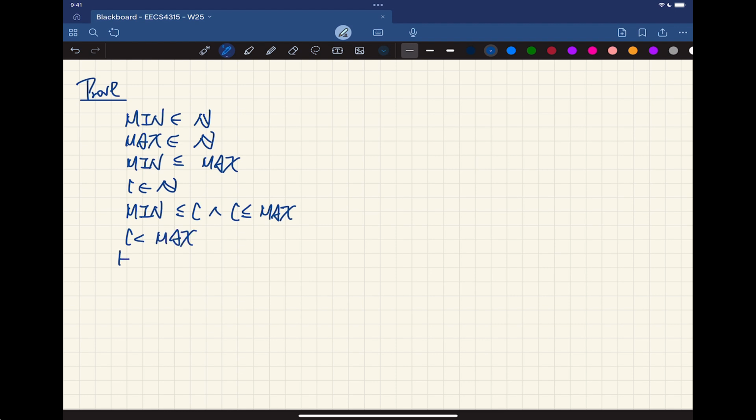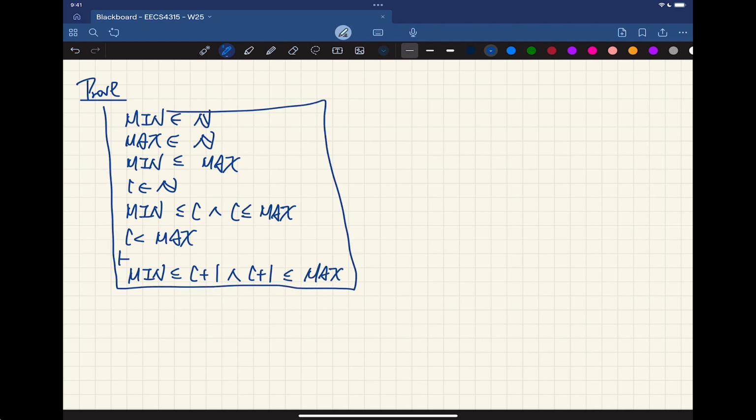And all the assumptions there, and then finally we've got this calculated result: min less than C plus 1, and C plus 1 less than or equal to maximum. All right, so that's the sequence we start with.